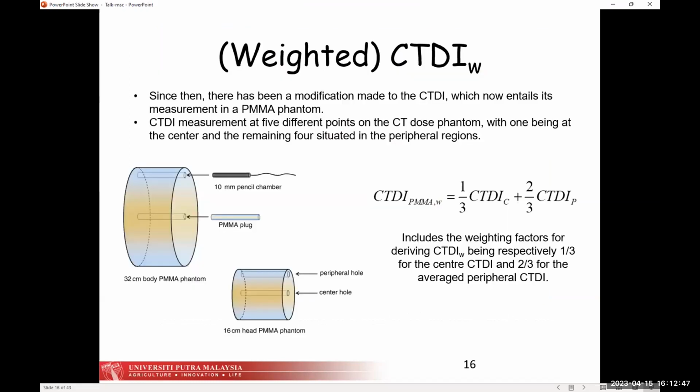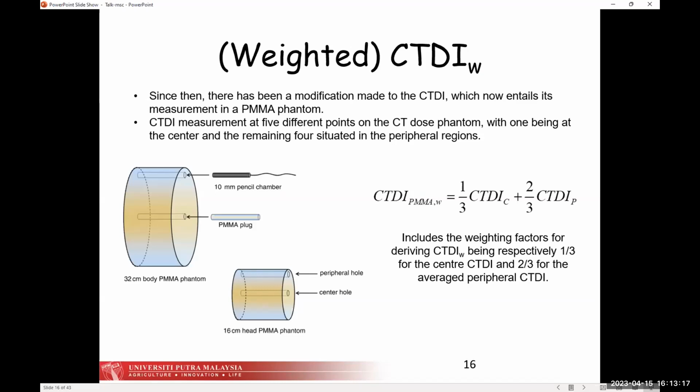And when we measure using the PMMA phantom, our CTDI becomes the weighted CTDI. The weighted CTDI is measured at 5 different points of the CT dose phantom, because there is a center hole and peripheral holes, 4 peripheral holes, totaling 5 points.